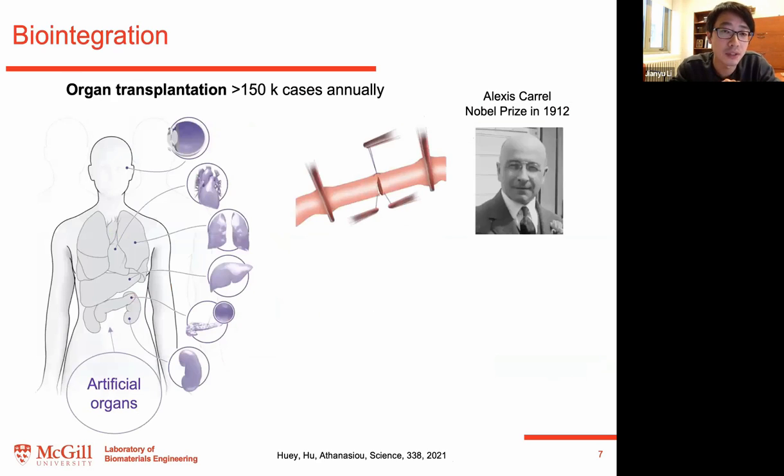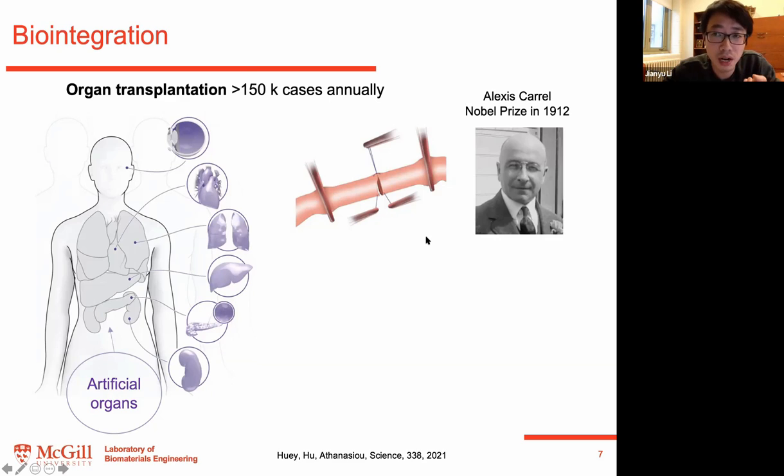Another big aspect I will talk about today is biointegration, right? Just assume that at the end of the day, we have the amazing organs. That represents this challenge of biointegration. So far, in the clinic this proceeds by the vascular suturing process, essentially pioneered by the Nobel Prize winner Alexis Carrel in 1912.